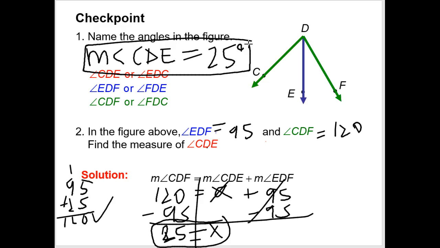Now, what do you notice about this? Do you notice that this was 95 and the whole thing was 120? Is it reasonable that this big thing is 25 when this little thing was 95?